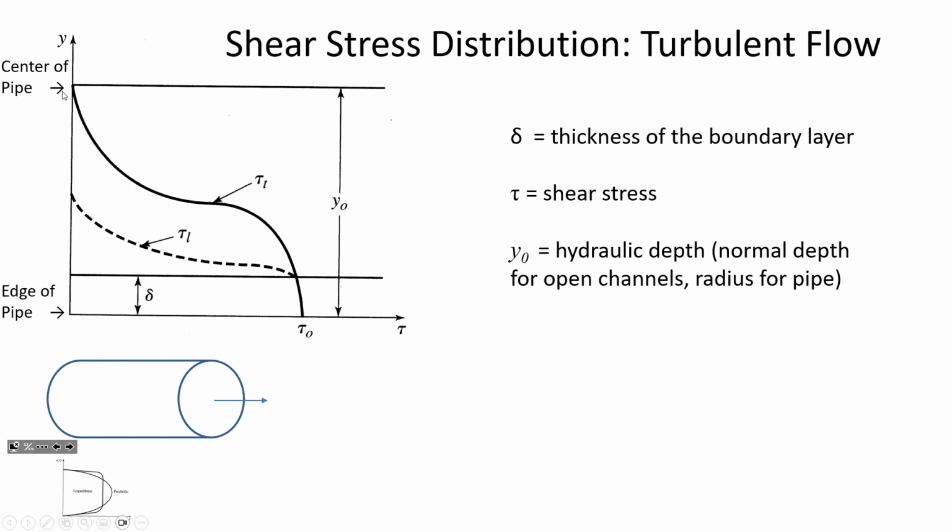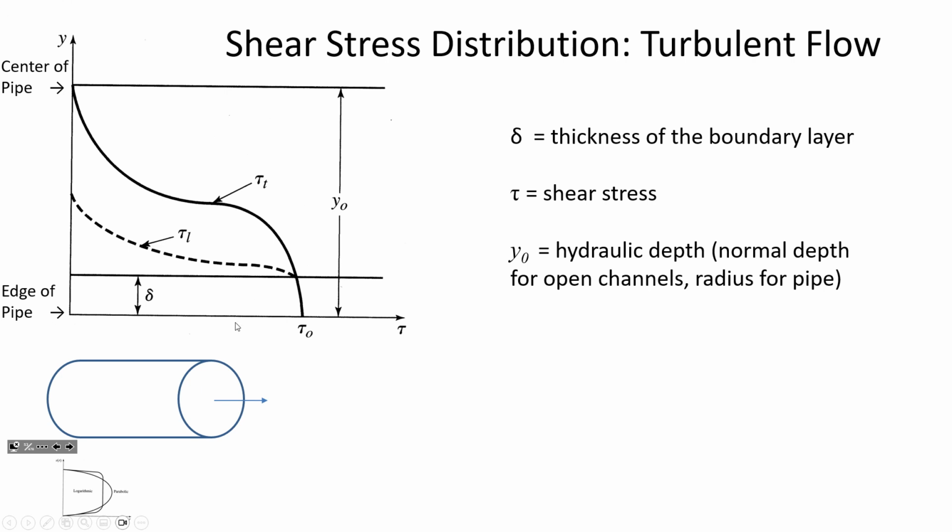of the boundary layer. So we've already talked about what causes a boundary layer. It's just that the velocity has slowed down in the vicinity of a stationary material. So this is a hollow pipe that fluids are going through, and at the edge of the pipe, the water velocity is 0, and the shear stress is high.